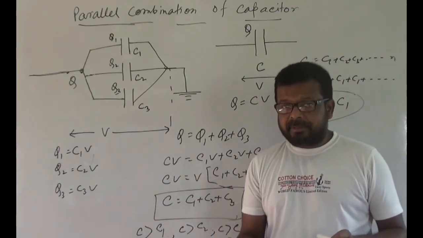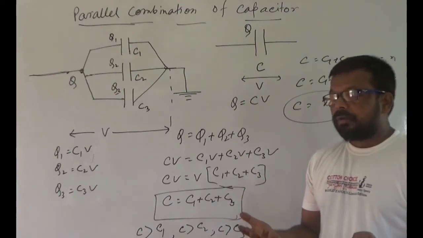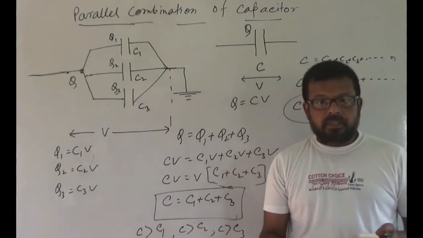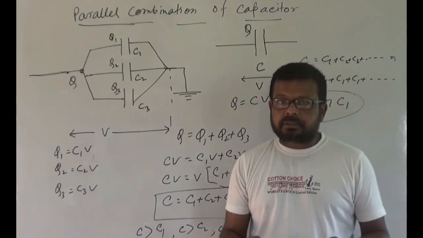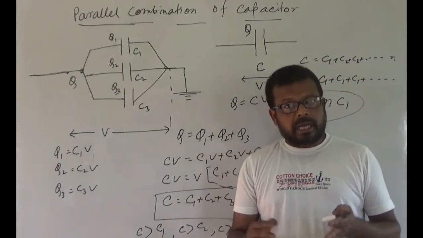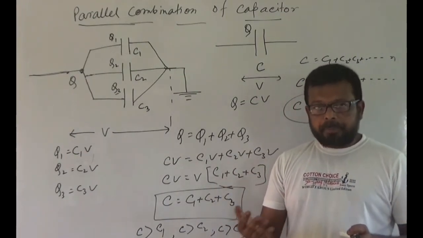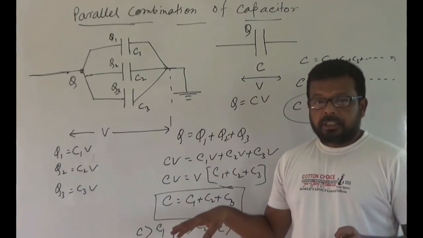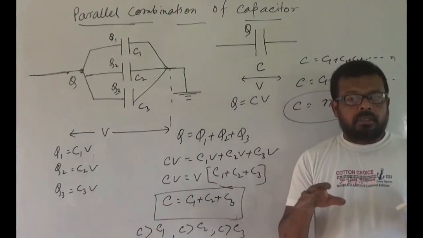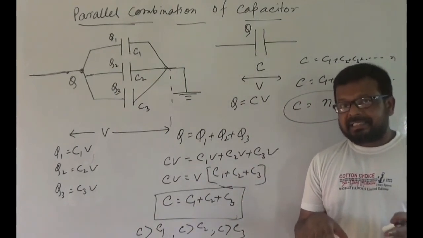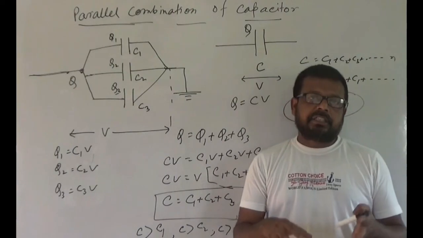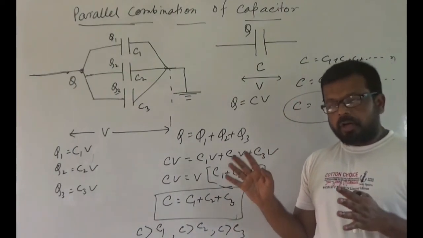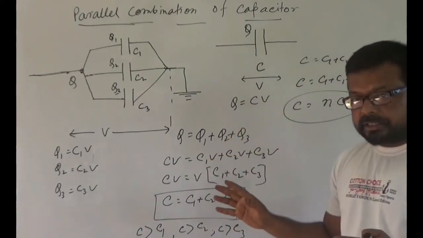And for effective capacitances, you have to remember that for series combination, the reciprocal of the effective capacitance is equal to the sum of the reciprocals of each capacitance. And for parallel combination, the effective capacitance is equal to the sum of each capacitance. These are all from series and parallel combination.